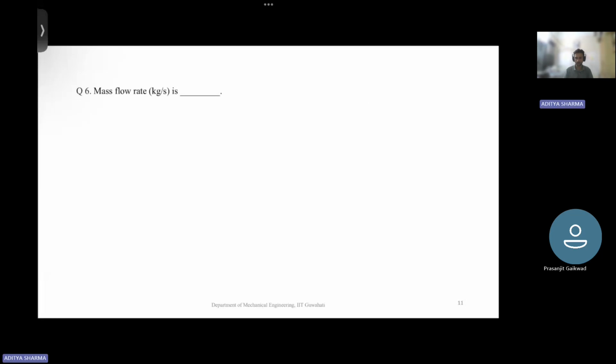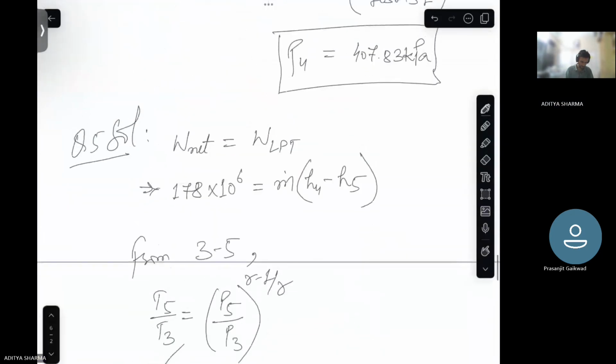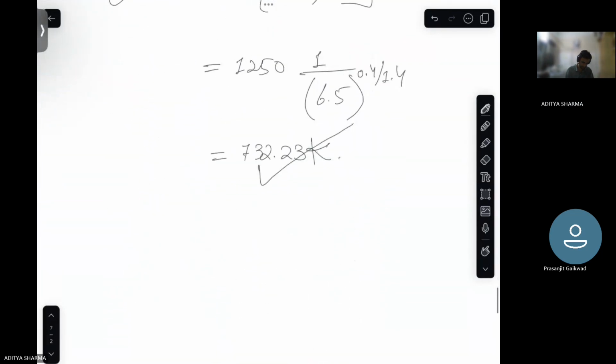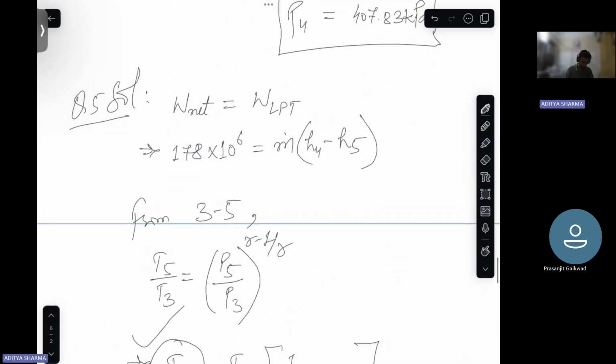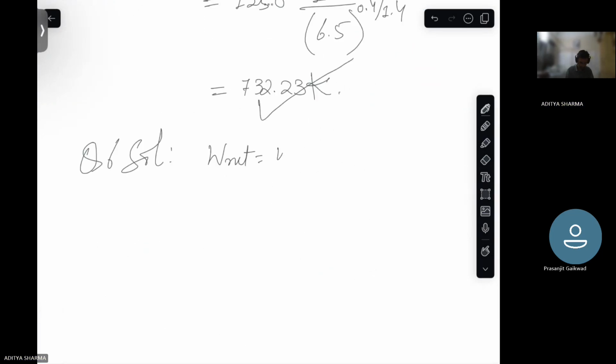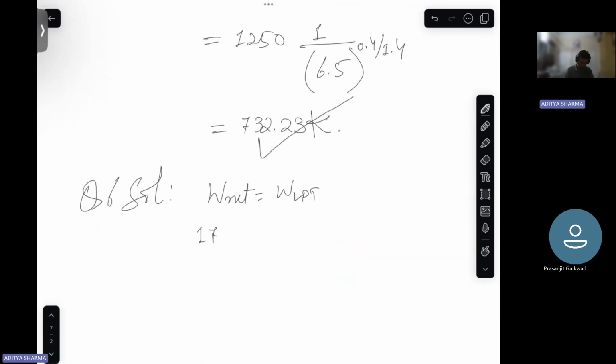So now how do we find the mass flow rate? Here W net equals W LPT, right? So 178 into 10 raised to 6 is equal to m Cp times T4 minus T5.